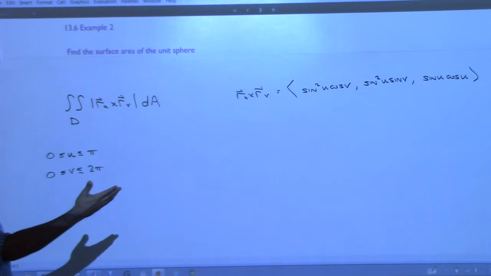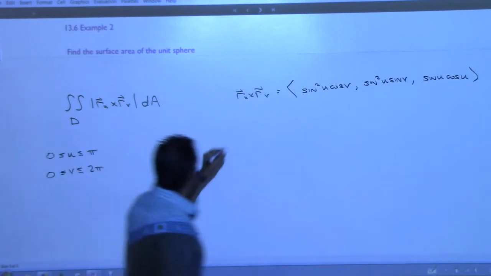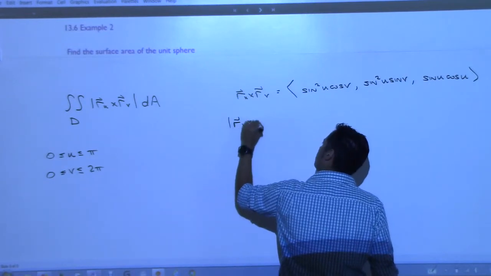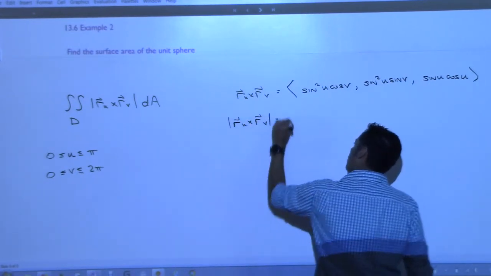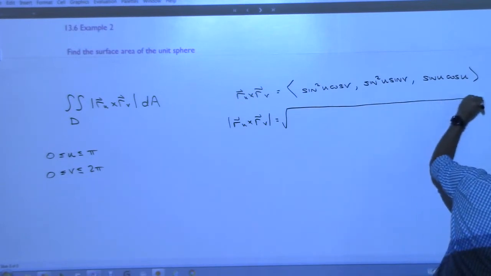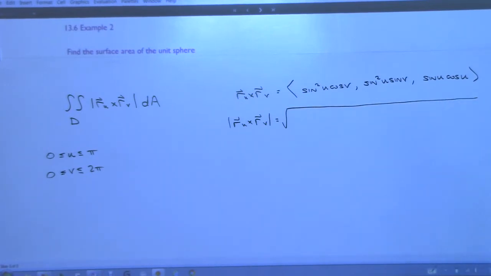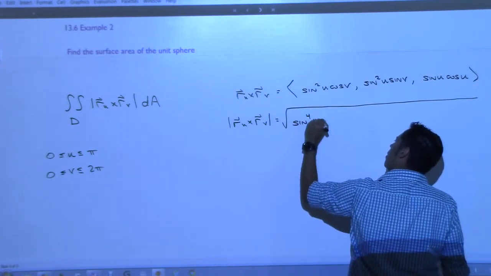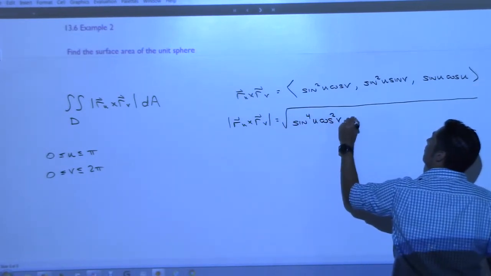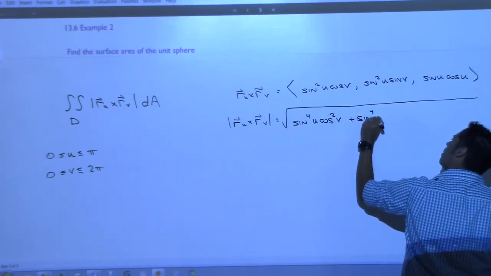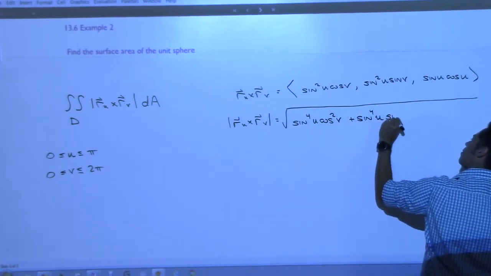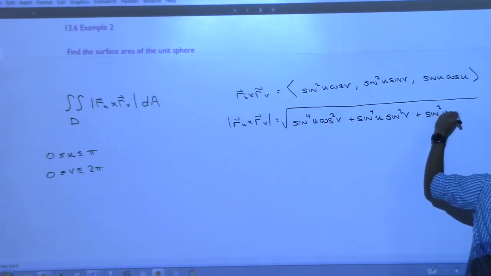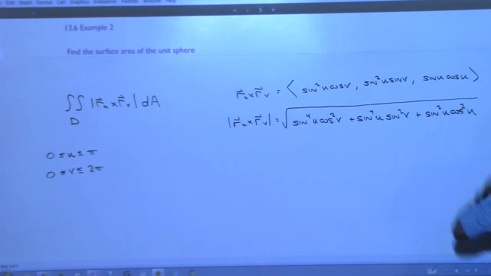Now we need the magnitude of that, right? So let me find the magnitude of this. The magnitude should be the square root of the sum of each component squared. So I need to square this: sine to the fourth u cosine squared v, plus sine to the fourth u sine squared v, and then plus sine squared u cosine squared u.